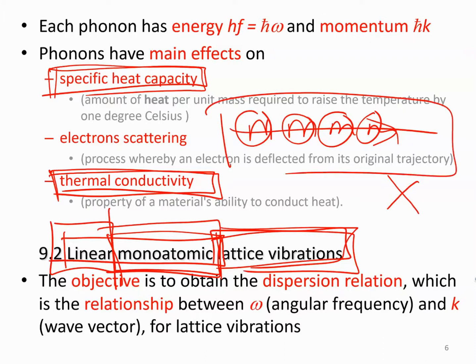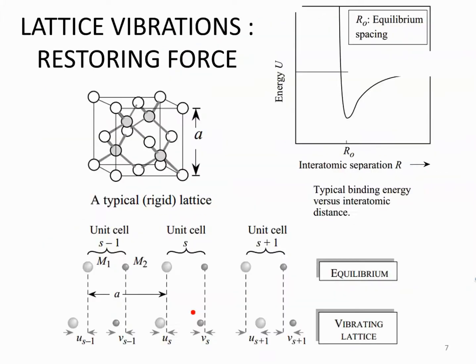The objective for this section is to obtain the dispersion relation, which is the relationship between omega, the angular frequency, representing energy, and K, the wave vector, representing the momentum. We want to find the relationship between omega and K for the phonon.